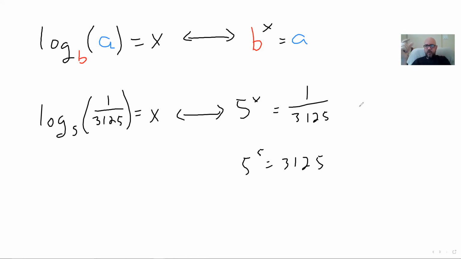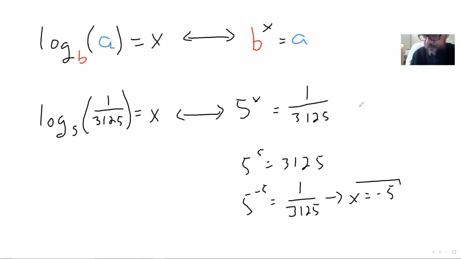In an exponential, the way you do that is by making the exponent negative. Negative exponent means flip everything over. So I can say 5 to the negative 5 equals 1 over 3125. So x equals negative 5.